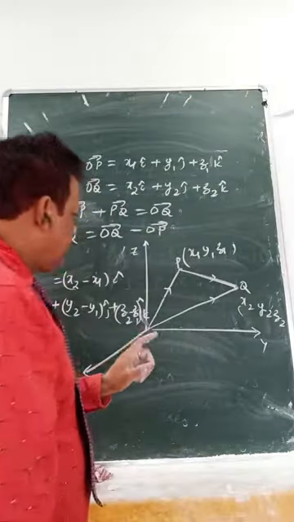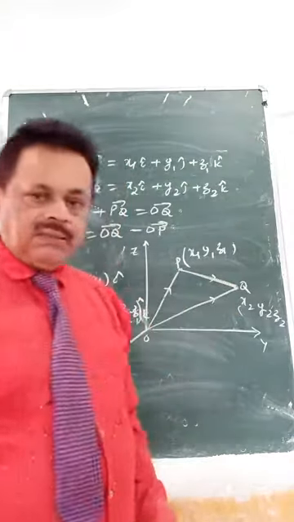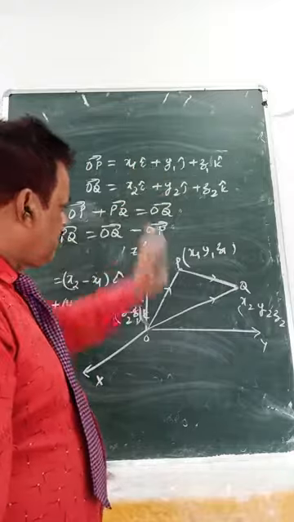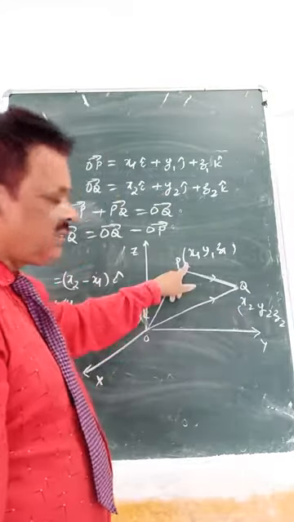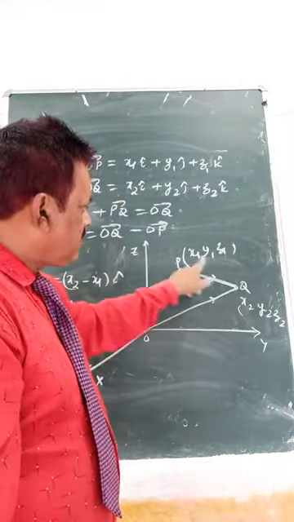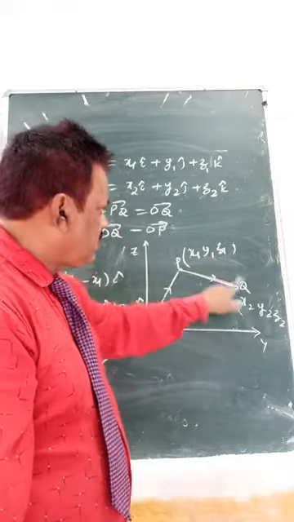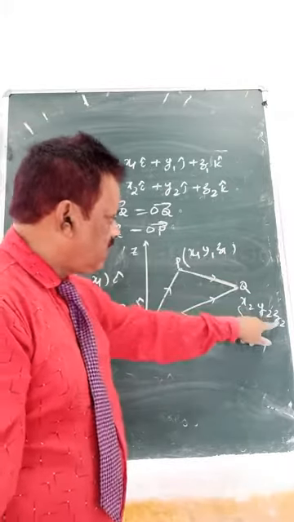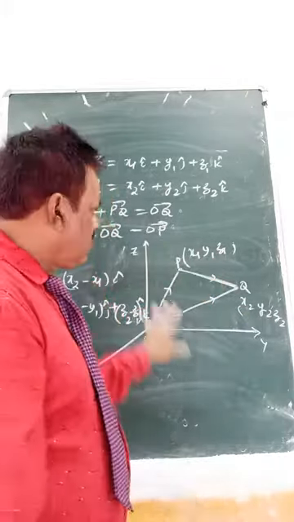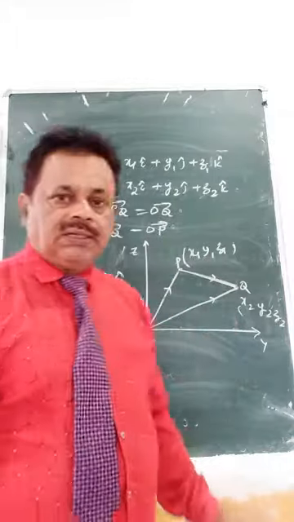So we conclude here that instead of writing everything, PQ is terminal minus initial: (x2 minus x1) i, (y2 minus y1) j, (z2 minus z1) k. So we got a conclusion here.